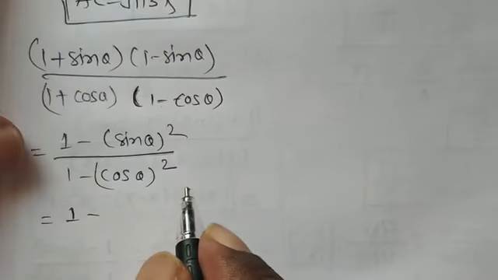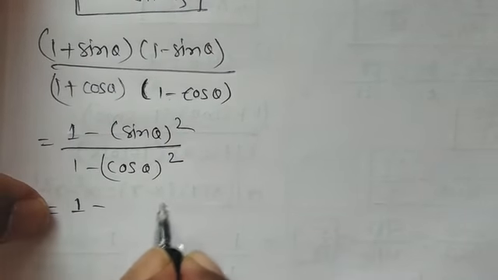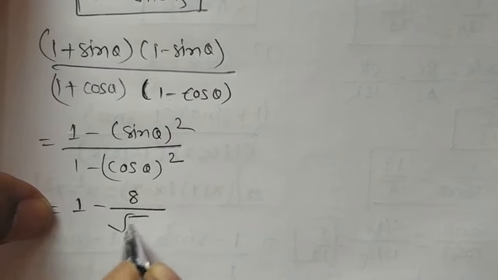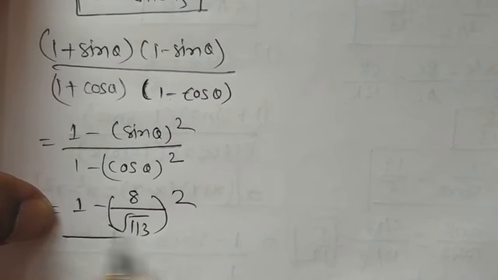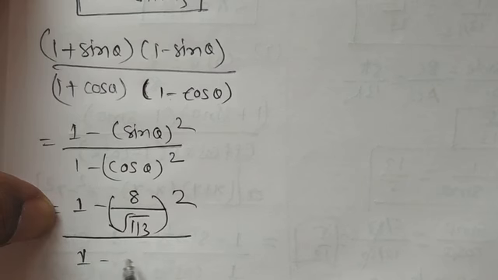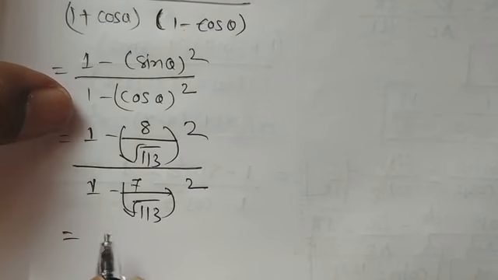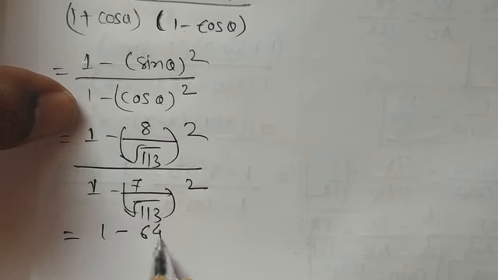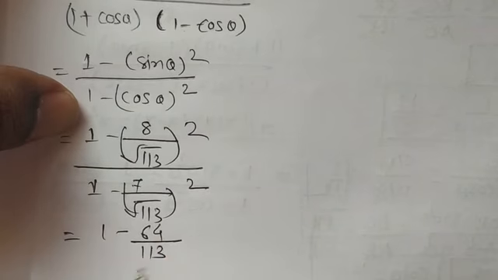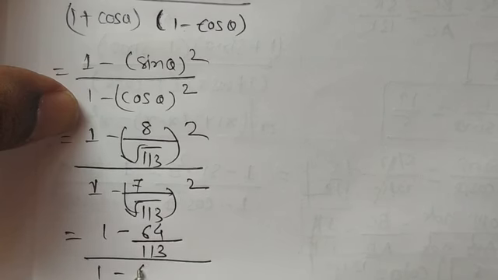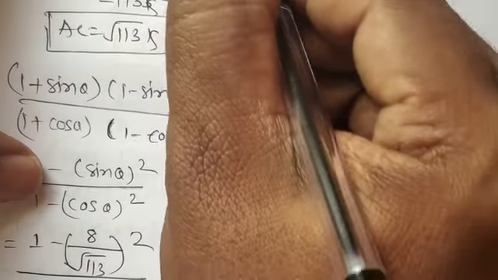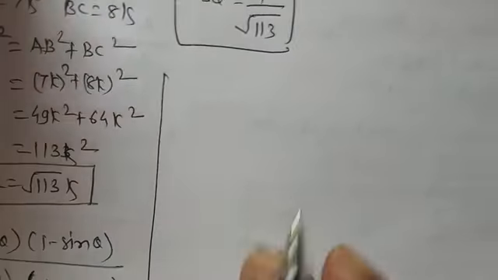Then that is 1 minus sin theta, 8 by root 113 square, upon 1 minus 7 by root 113 square, that equals 1 minus 8 square is 16, 4, 113 under root gets outside, remaining what? 1 minus 7 square is 49 upon 113. Solve this. That equals what?